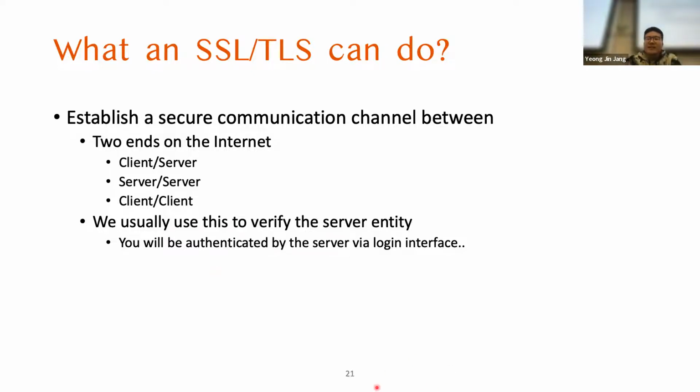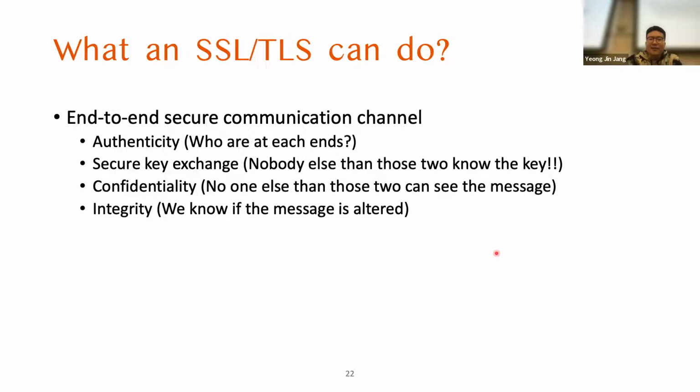And what it can enable is an end-to-end secure communication channel. What that means is that we have two ends, the client and the server, and we would like to send packets. There are many middlemen, but we would like to make sure the packet is not revealed or altered by any middlemen. So, end-to-end security.